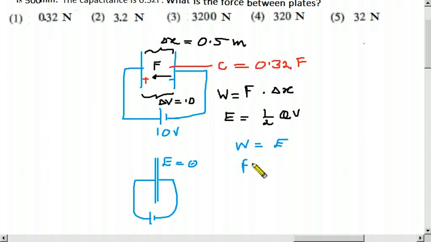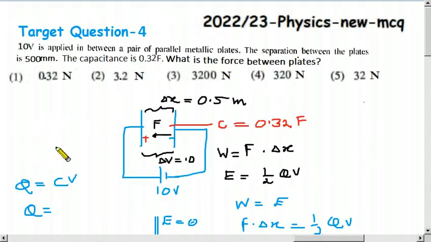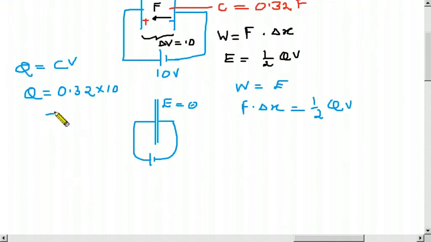Then F times delta x equals half times QV, but we don't know Q. But we know Q equals CV. C is given as 0.32 farad, times voltage 10, so Q is 3.2.